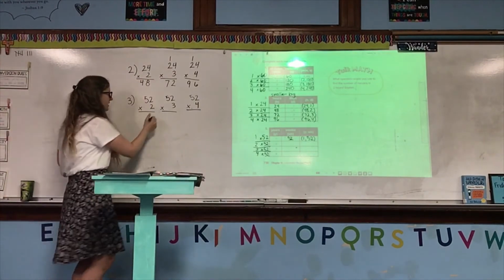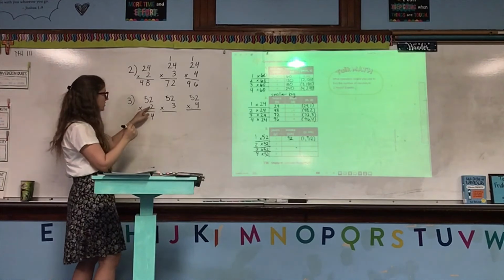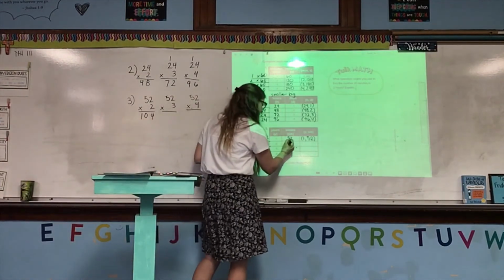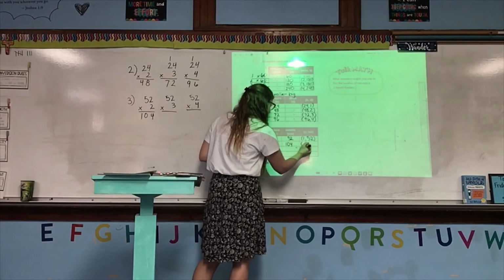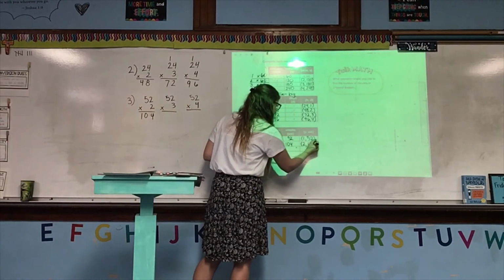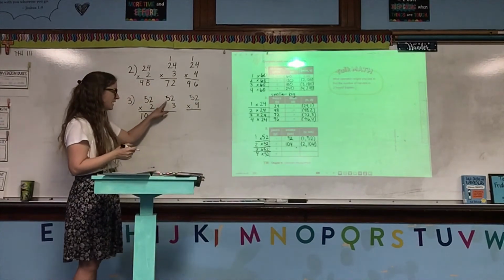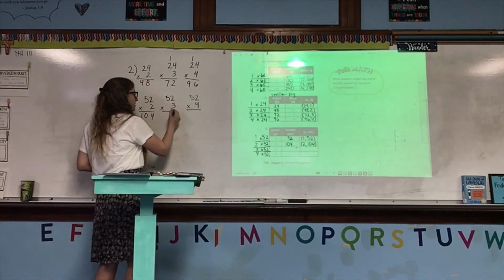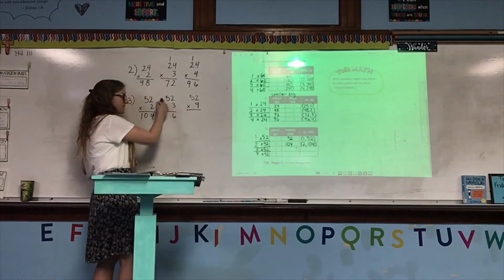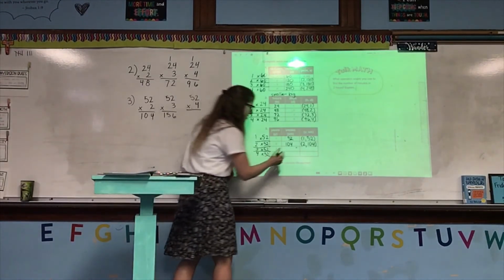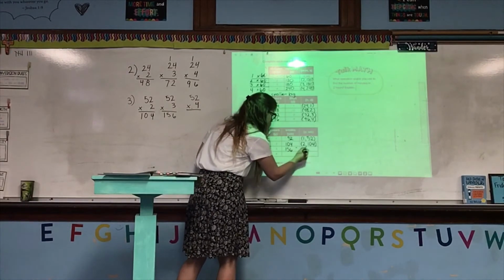2 times 2 is 4. 2 times 5 is 10, which means that 2 times 52 is 104. So in 2 years, there are 104 weeks. The next one, 3 times 2 is 6. 3 times 5 is 15. So that means 3 times 52 is 156.